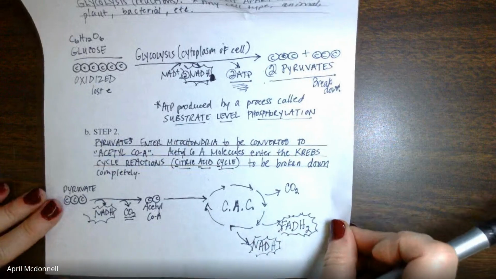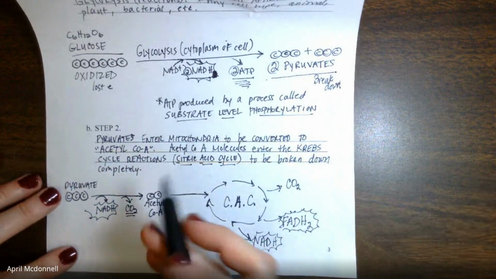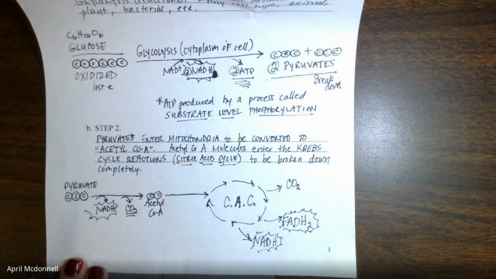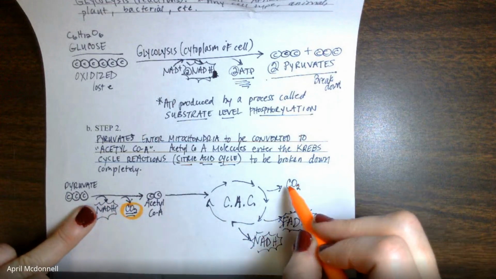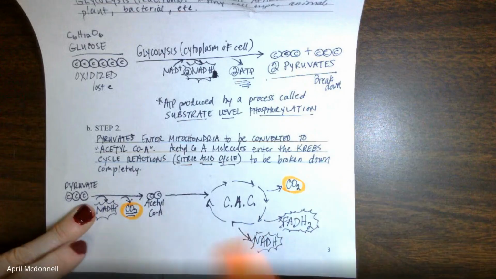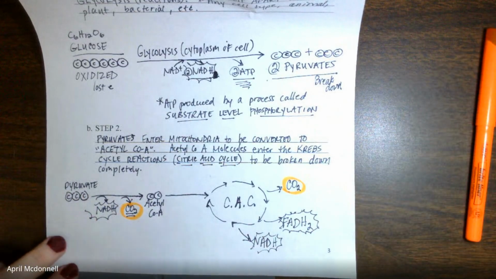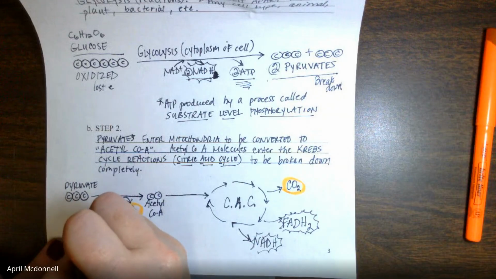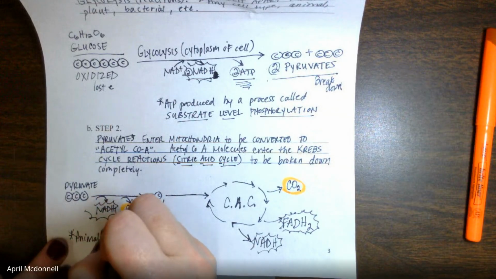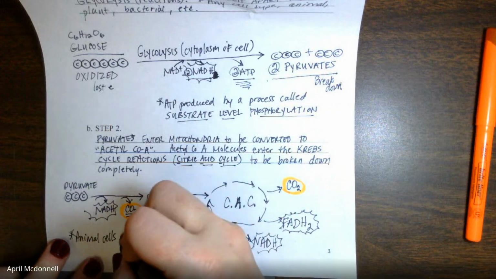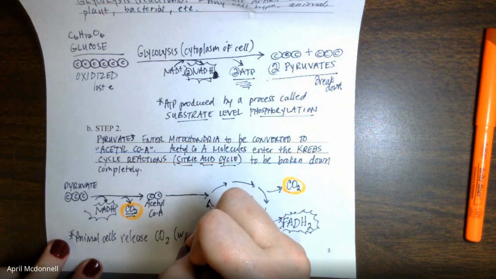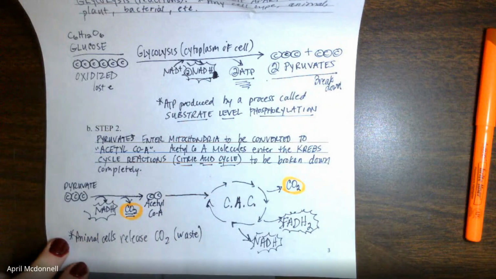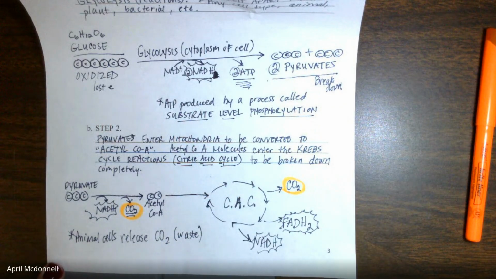Let's quickly make a little note here about what happens to this carbon dioxide. What is the cell going to do with this carbon dioxide? Animal cells will release the carbon dioxide. They're going to get rid of it because carbon dioxide is a waste to animal cells. Cell respiration is going on in your cells right now.